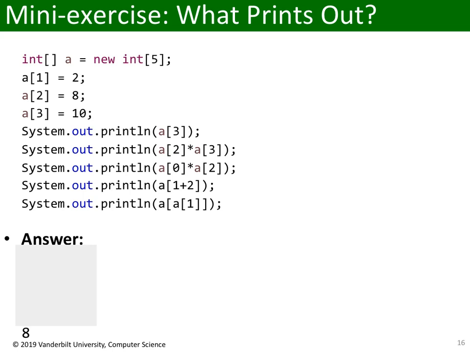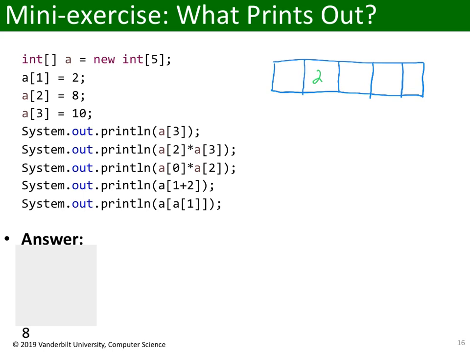Then we are assigning, well, let's draw it out. So A has 5 locations, and in element 1 we are going to store the value 2. But remember, arrays are 0 indexed, so we will store the value 2 in element 1, which is the second element in the array.